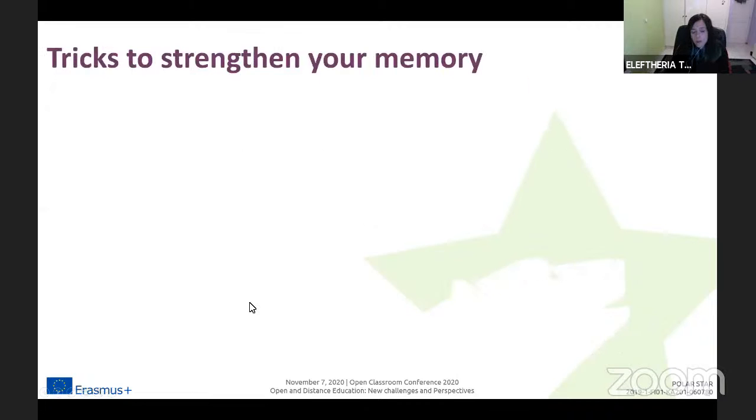So, tricks to strengthen your memory. How can we strengthen our memory? This is mostly related to the first question. There's actually a very fun trick that comes to us through the ages. It goes back thousands of years to ancient Greece and ancient Rome. It comes from Cicero. It's the method of Loci, as I also read it in some bibliography.